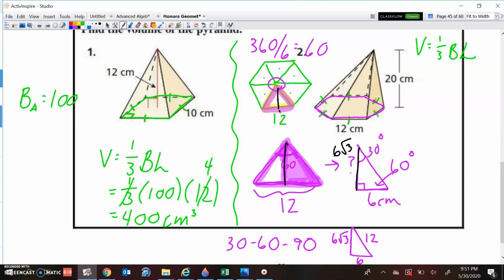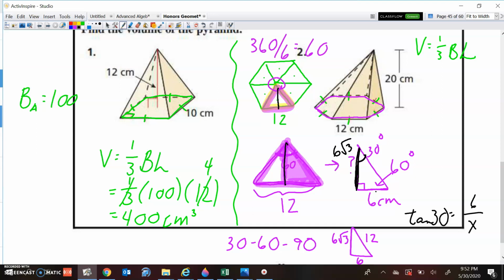But another thing you could have done, we could say, well, we want this here. From this 30-degree angle, I could say opposite over adjacent. I could have done the tangent of 30 equals 6 over x, if I had called this height x. And that would have given me my answer as well.